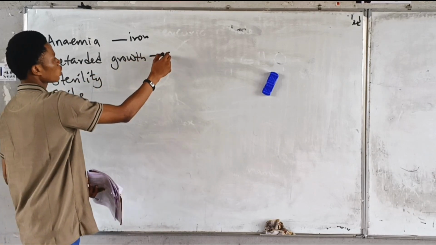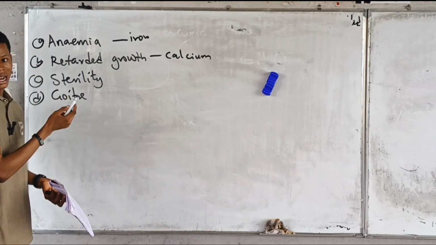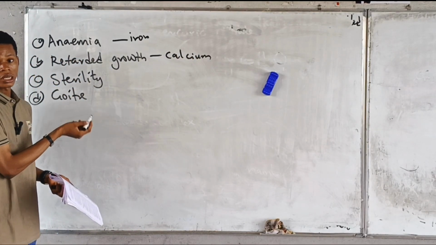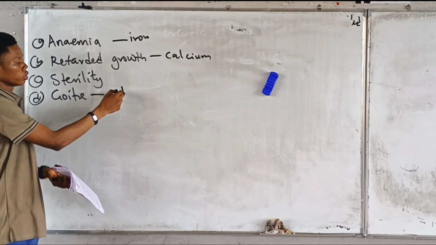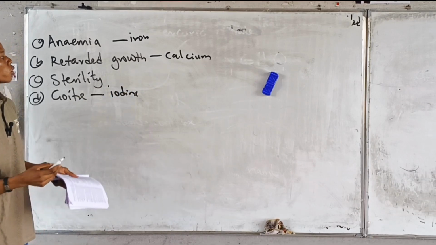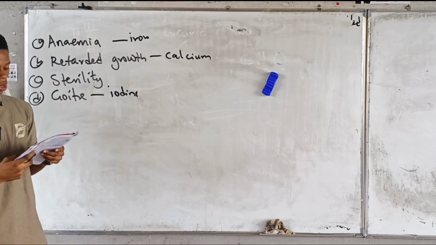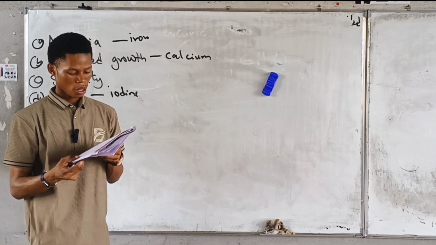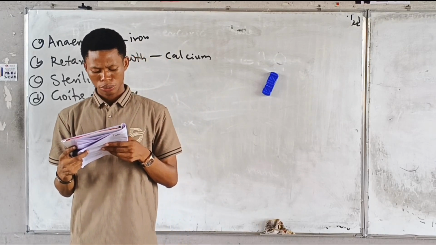Retarded growth, deficiency of calcium can cause this. Sterility, to be sterile, different things can cause sterility. Goiter, deficiency of what? Iodine. So the answer to that question is what? Calcium. So deficiency of calcium can cause retarded growth. All right, next question here.